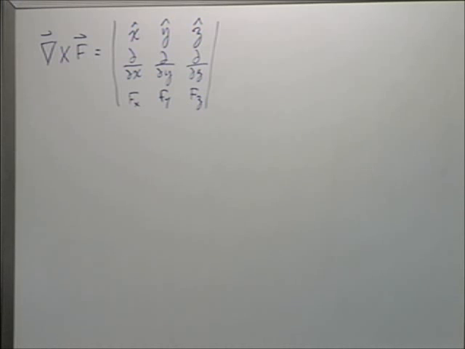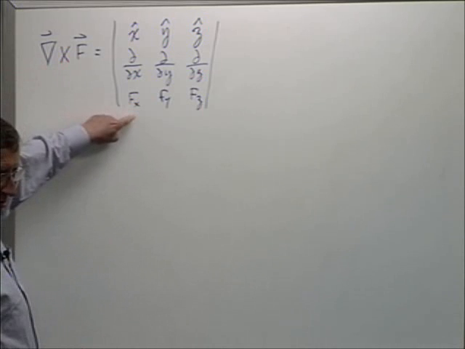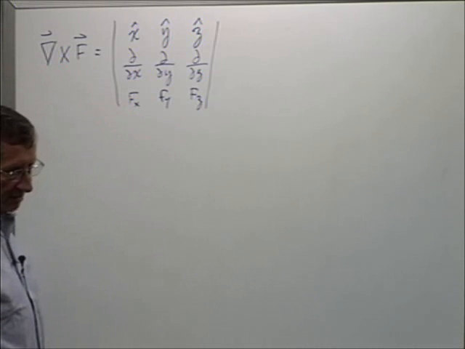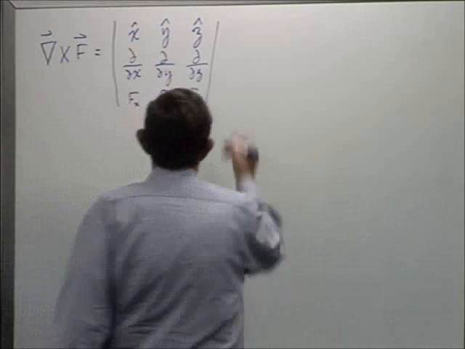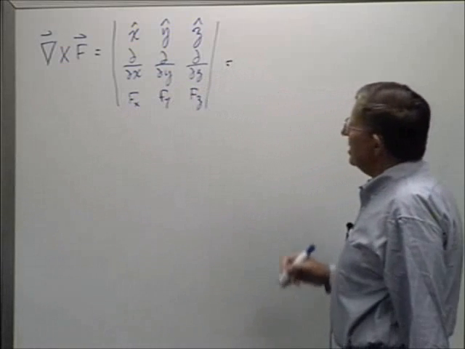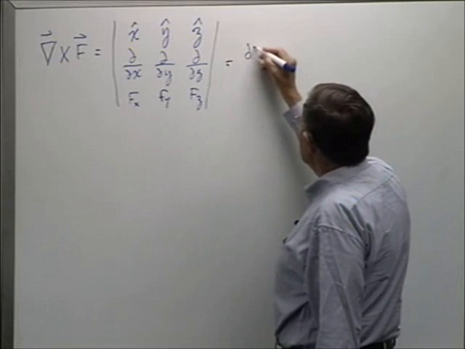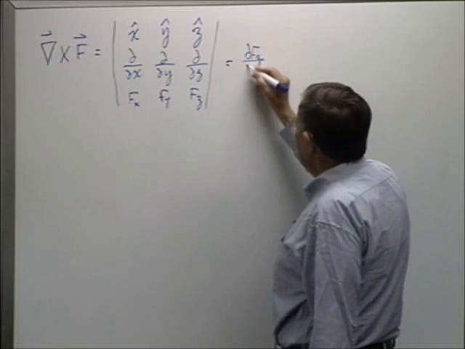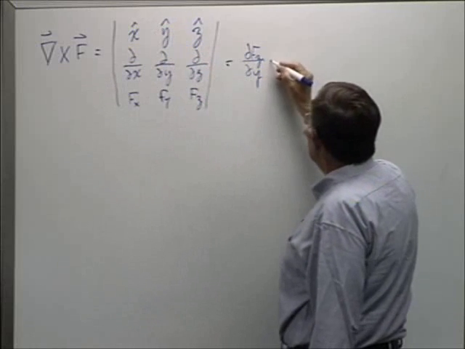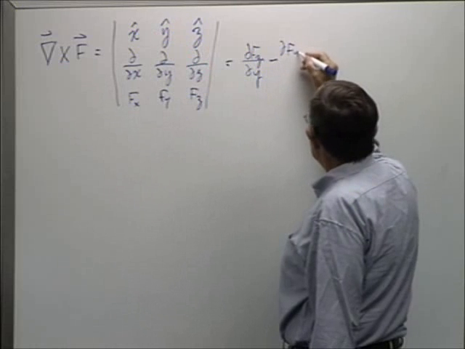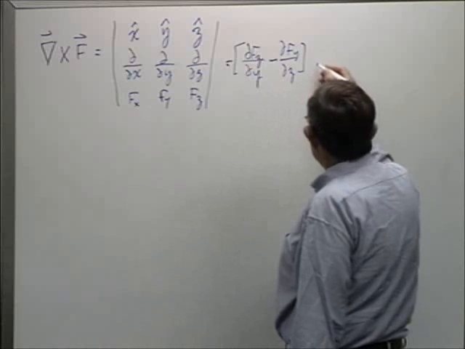The second row are the vector components of del, and the third row is the vector components of f. Okay? And so if you want to evaluate this, the x component would be the change of fz with respect to y, minus the change in fy with respect to z, and that would be along x.